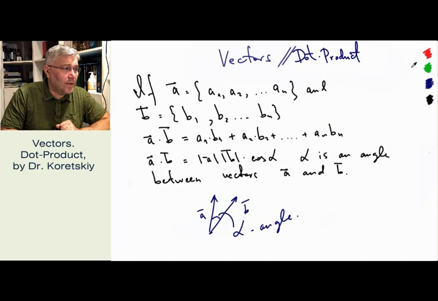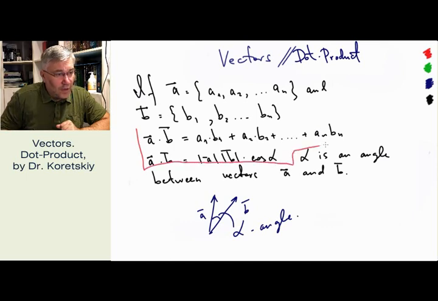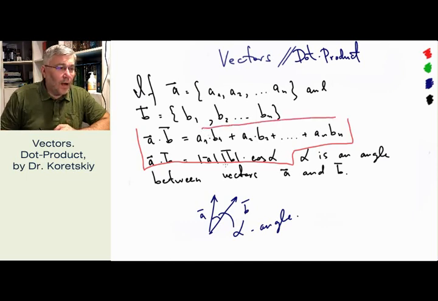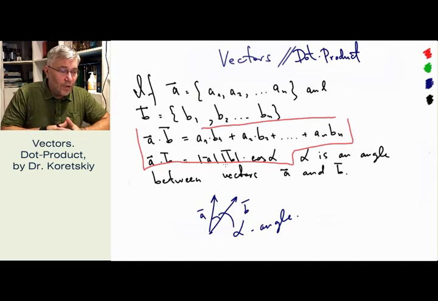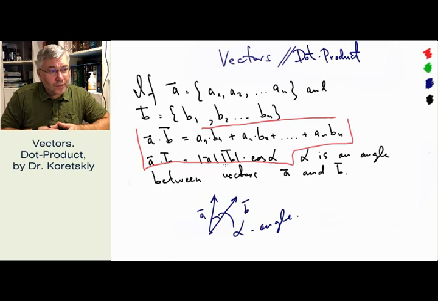By the way, you can see that we have two formulas for calculating the dot product. I want to put a red frame here around the two formulas. If we calculate the same object, I mean the same dot product, through the components of the vectors and through the magnitudes and angle, both of these formulas have to give the same result.